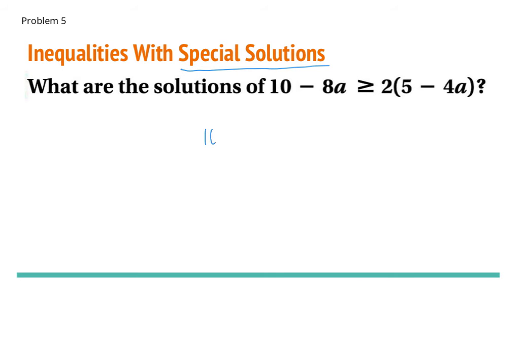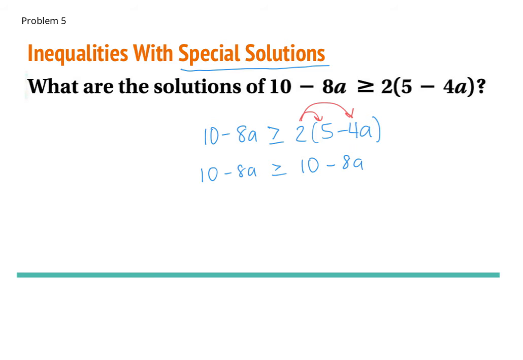So let's go ahead and take a look at this one. We've got 10 minus 8a is greater than or equal to 2 times 5 minus 4a. Well, first off, I noticed we can distribute this 2 to both terms on the inside, okay? So let's go ahead and do that. We get 10 minus 8a is greater than or equal to 2 times 5 gives us 10, and then 2 times negative 4 is going to give us negative 8a.